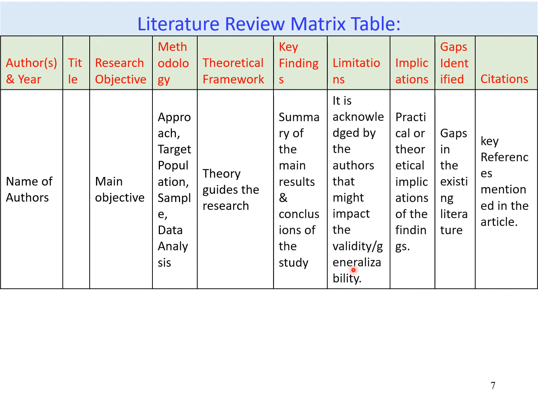Under the implications, both practical and theoretical implications of the findings should be written here. Under the gaps identified, the gaps in the existing literature should be stated here. Under the citation, not all citations, but the key reference or the key citation in the article should be mentioned here. By the way, this literature review matrix table will help us a lot in writing our literature review.